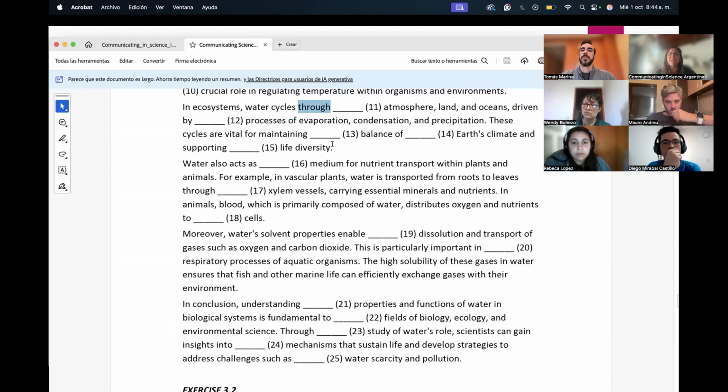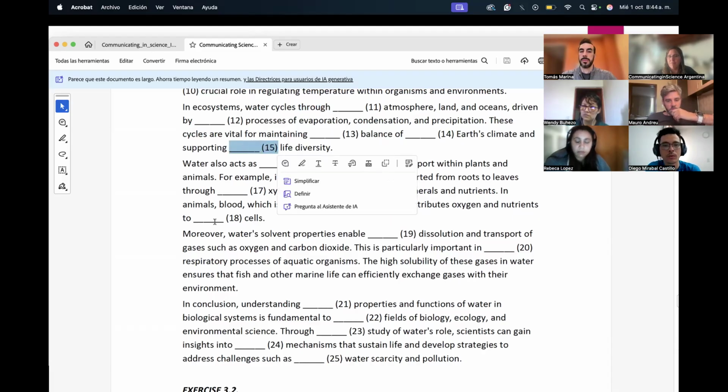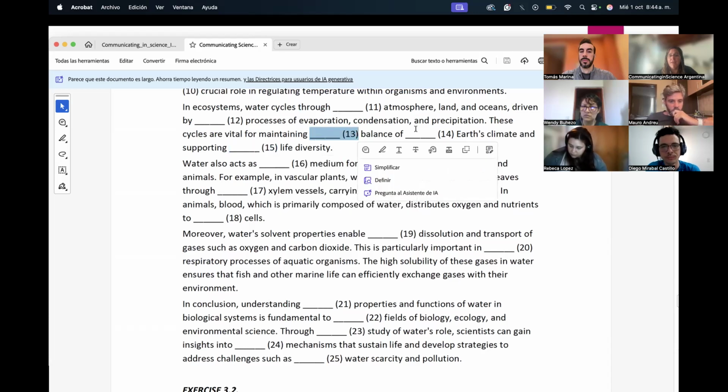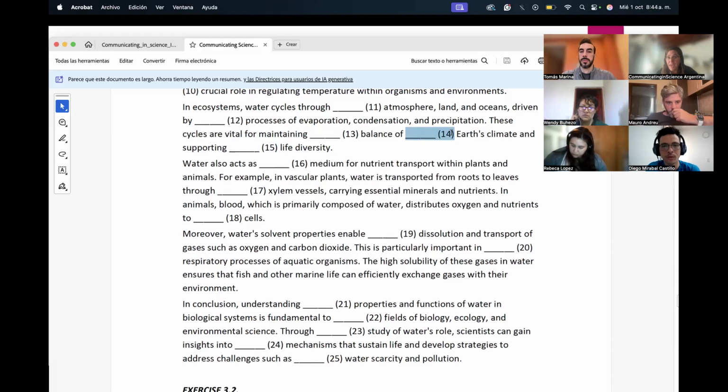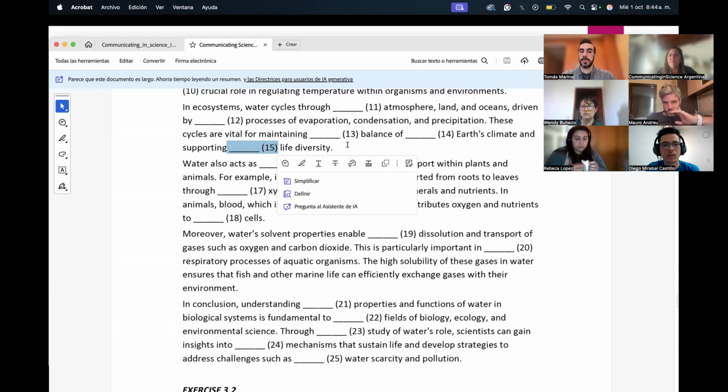But in this case, it's the balance of the Earth's climate and supporting life diversity. No article in 15. So here you have the of the and no article in 15.